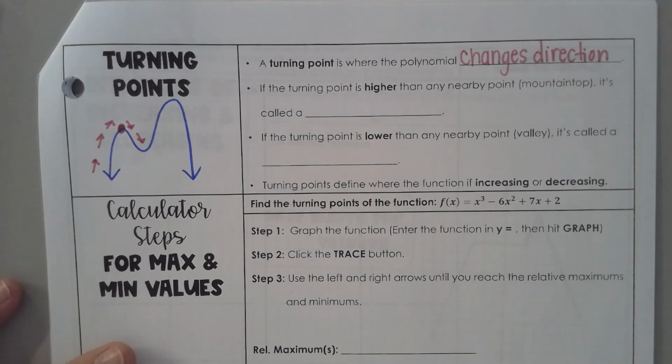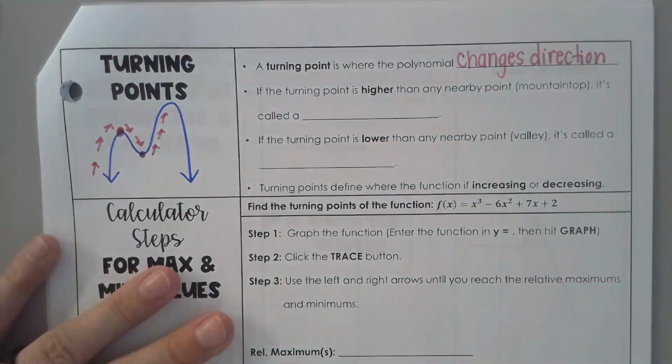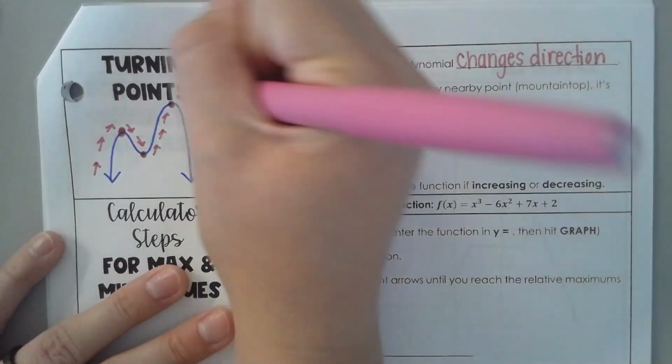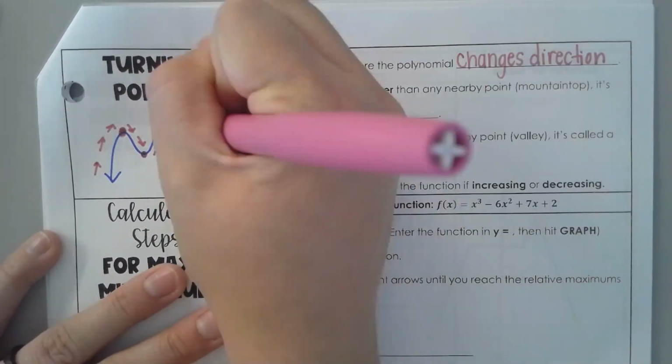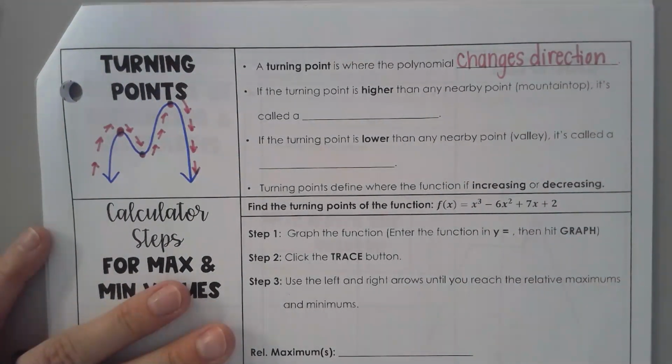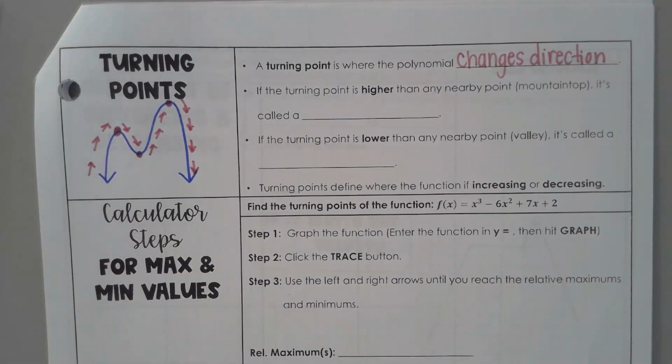I change and I start going uphill. But then I get to the top and I change and I go downhill. Okay. So each of those peaks at the very top and those valleys down at the bottom are turning points.